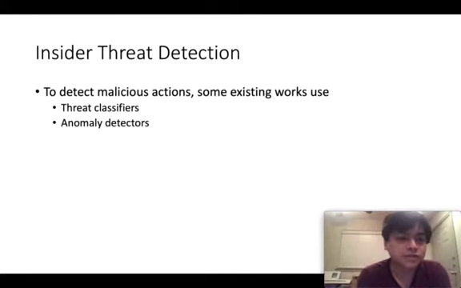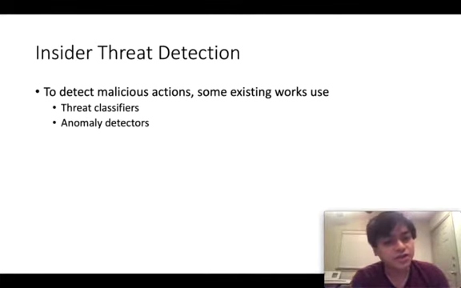We have the things called insider threat detection, and we can detect the insider threat in two ways. The existing works use these two ways to detect the insider threat. The first way is the threat classifiers. We will talk about this way later.